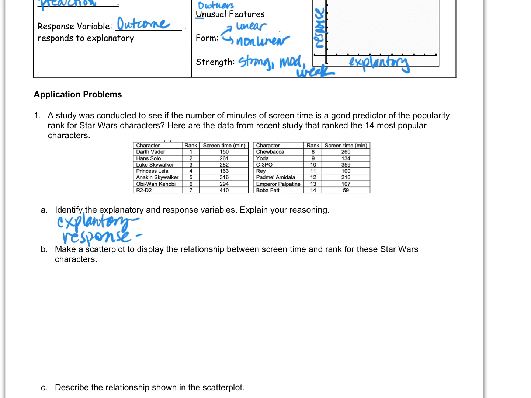I think it's the screen time. They're trying to find out if the screen time is the good predictor of the rank. You see it in there? It's okay if you didn't. It's Monday. It's all right. Screen time is my predictor, and then we're trying to find out, does that help us predict rank? All right.